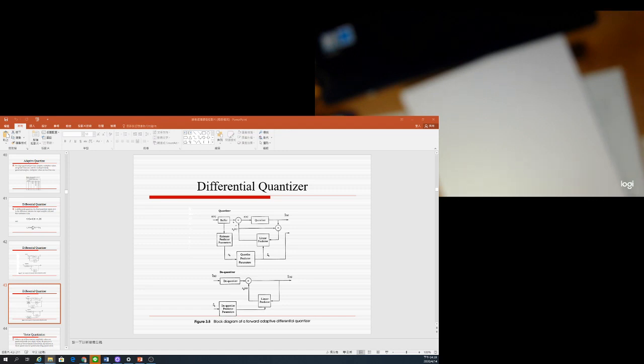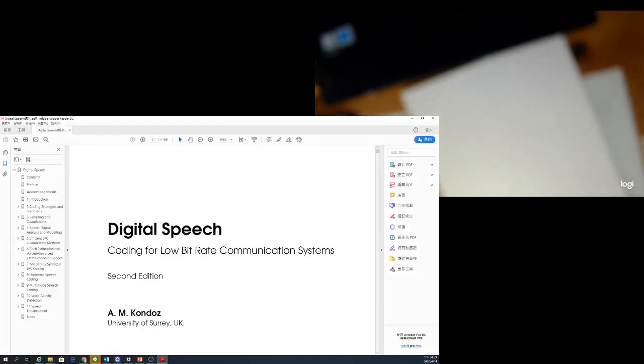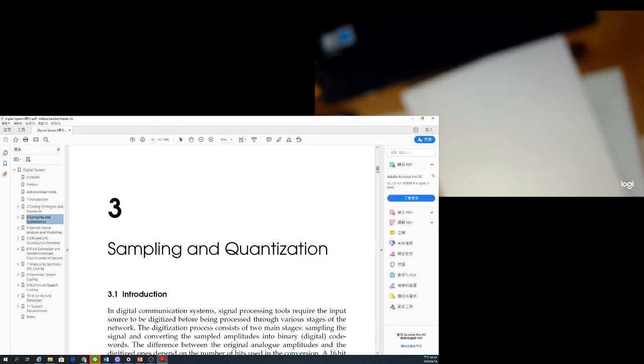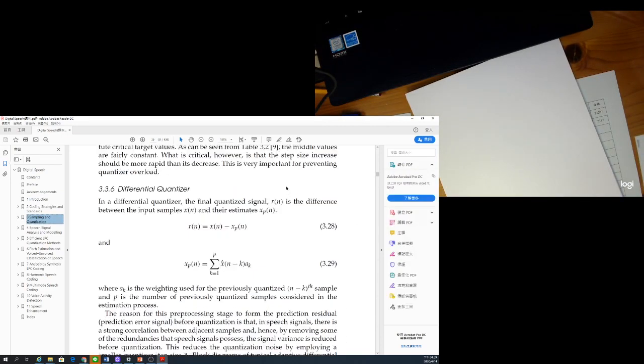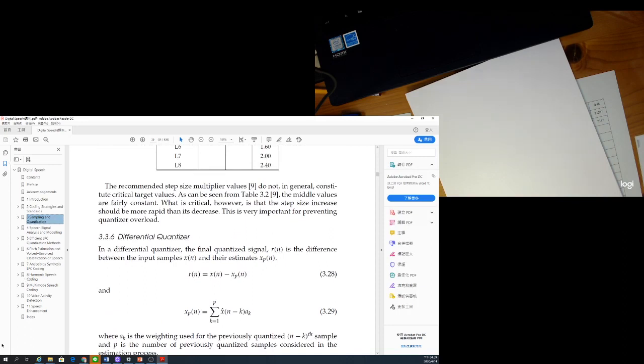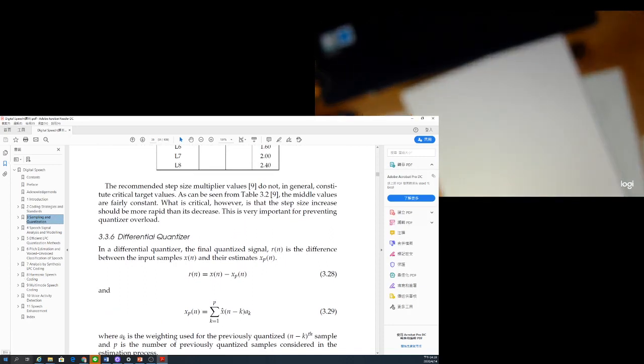Speech processing. Okay, so we are right now talking about quantization, chapter 3. So you can see what we're missing. Let me double check.